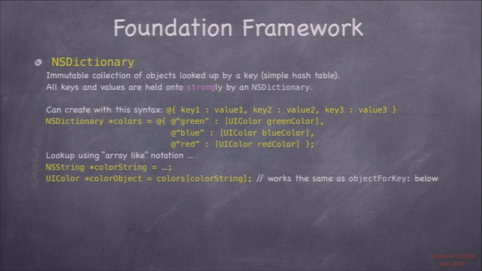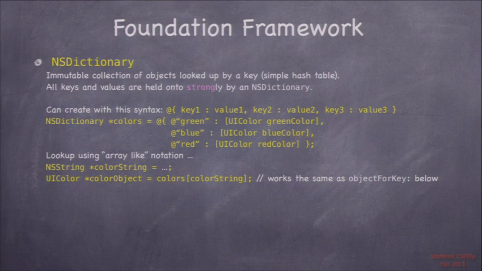You look up things inside a dictionary. You can obviously do objectForKey. That's a nice method for looking a value up by key. But you can also use square brackets, which looks kind of like looking up in an array. So if I had that colors dictionary that's showing right there, and I had a string that was either green or blue or red, and I wanted to look it up, I can just say colors, open square bracket, the color string. And it'll look up that string.